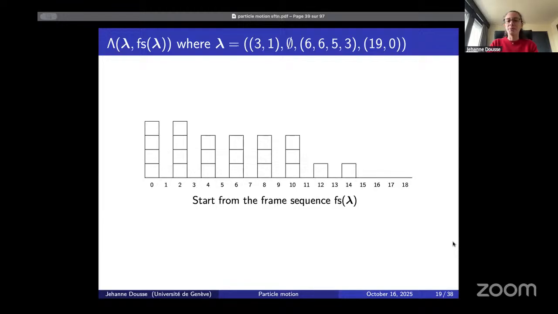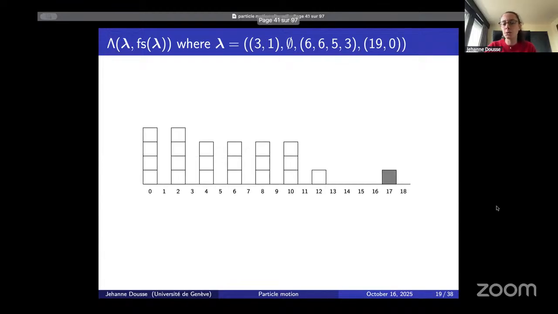Yes. So we still keep the same example as before. Here on top I rewrote the k-tuple of partitions. What we do is that we will first insert a 3, because it's just the first part here. So we will do 3 particle motions starting at the last index, so at index 14 here.